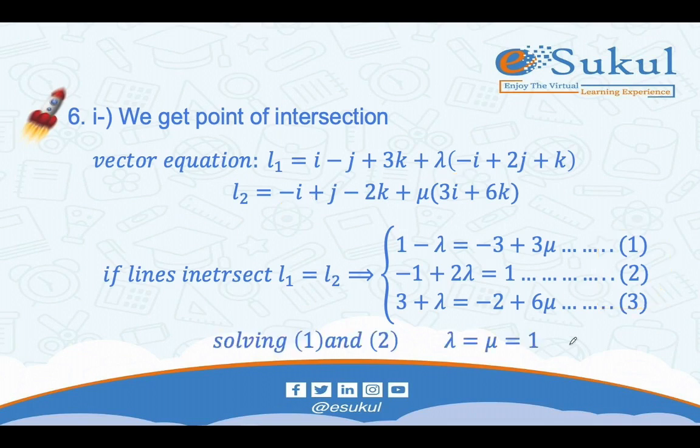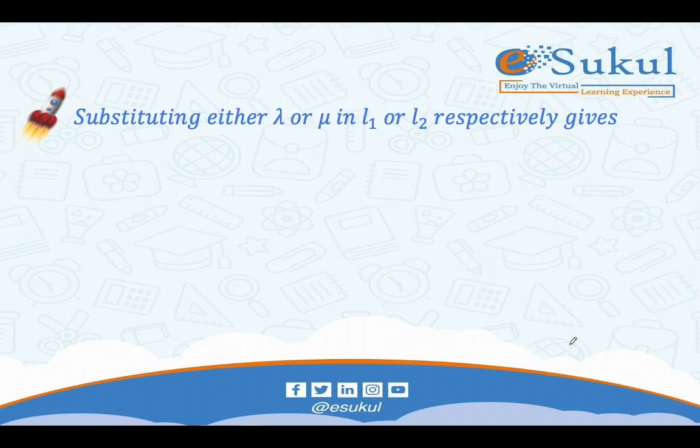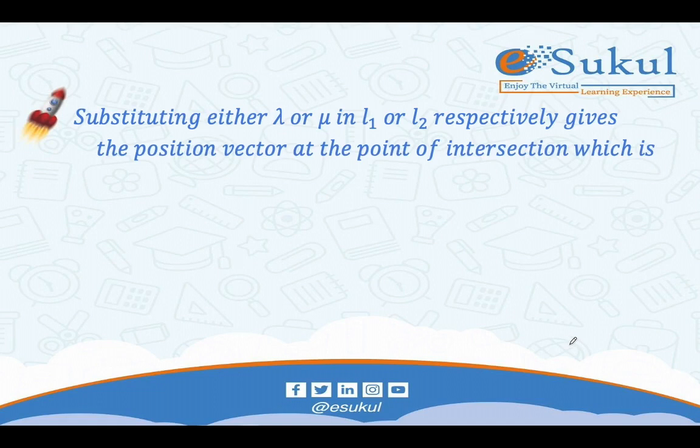So solving simultaneously, we have lambda equals mu equals 1. So substituting our lambda and mu in line 1 and line 2 gives that the intersection has a common position vector j plus 4k.